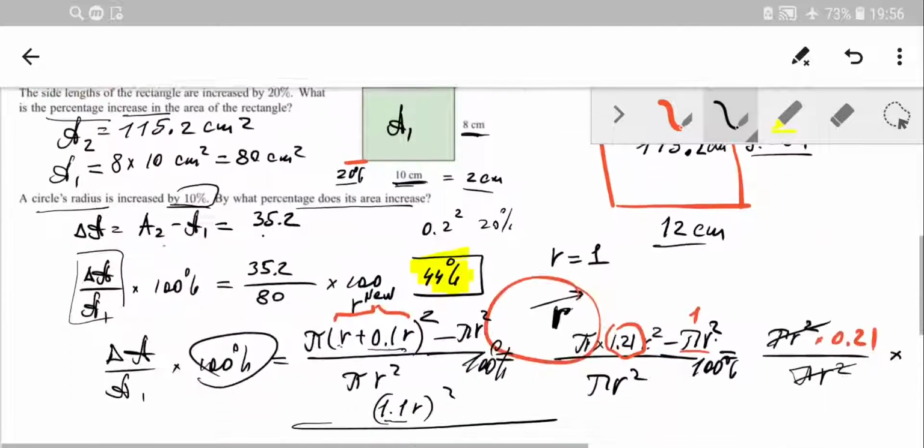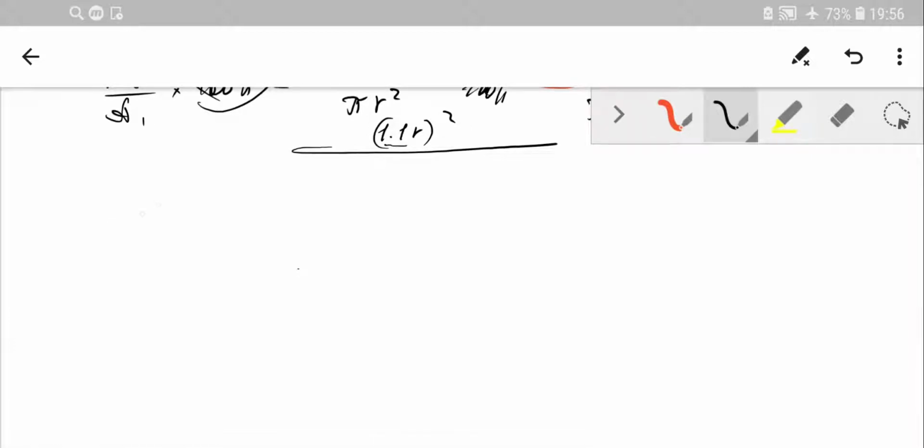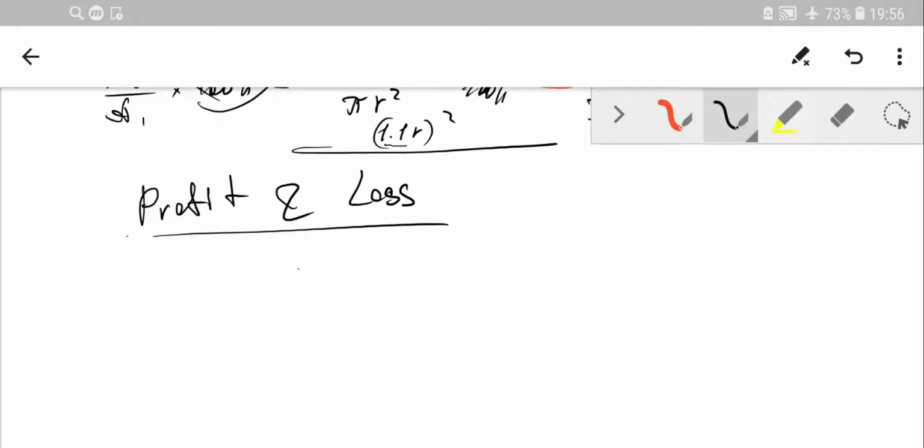So the next video will be discussing profit and loss. Profit and loss is, again, sort of financial math. So probably we'll consider several tasks about taxes, and then we'll go to completely finance tasks about interest.